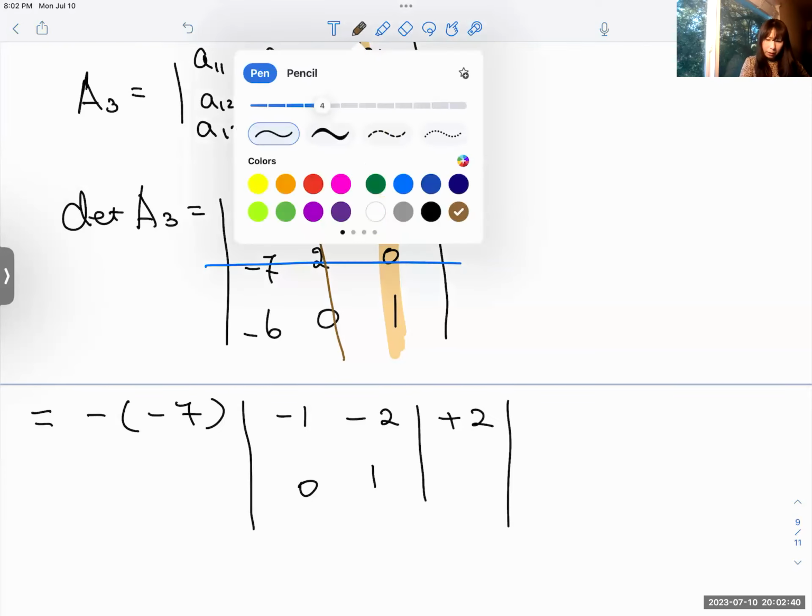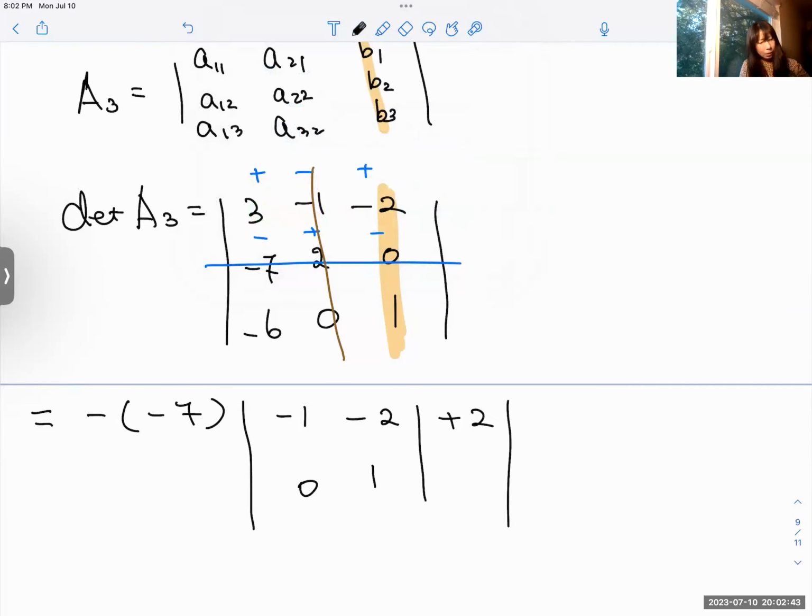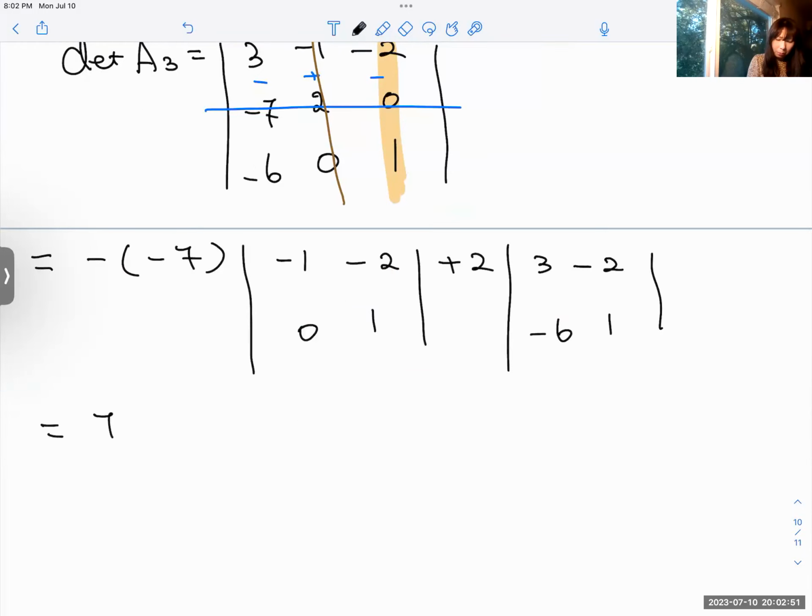All right, so we get 3, negative 2, negative 6, and plus 1. Okay, so we get plus 7 times negative 1 plus 2 times 3 plus 12. Can you please calculate? Negative 25.